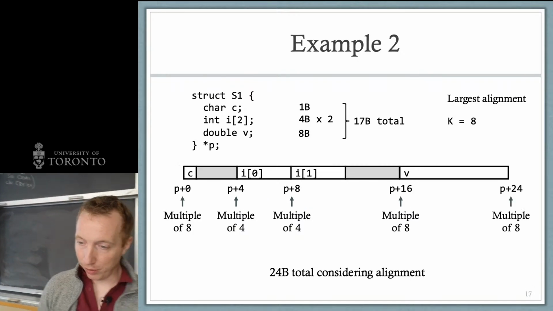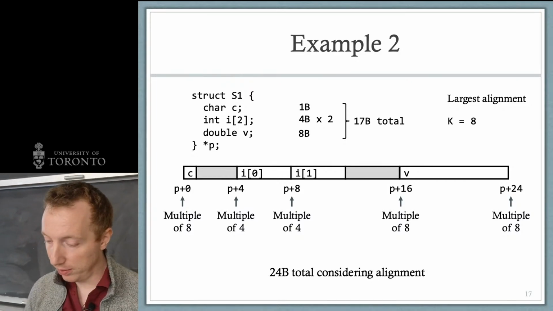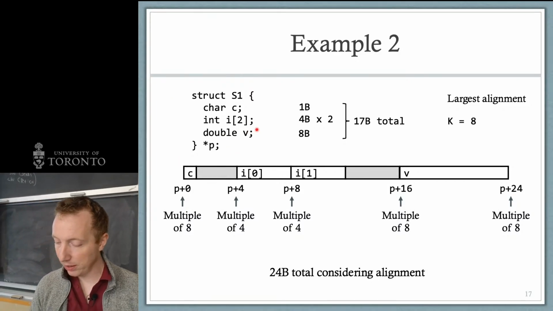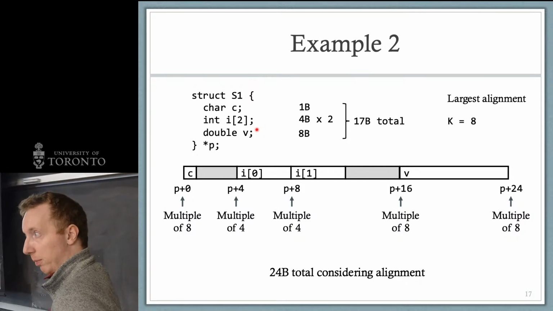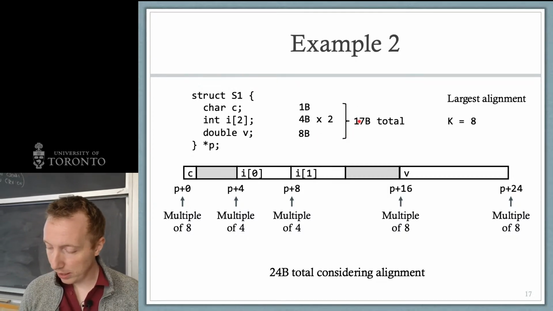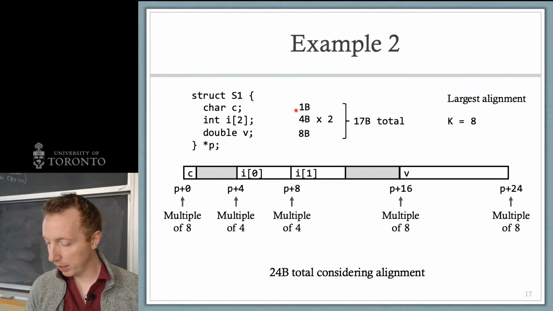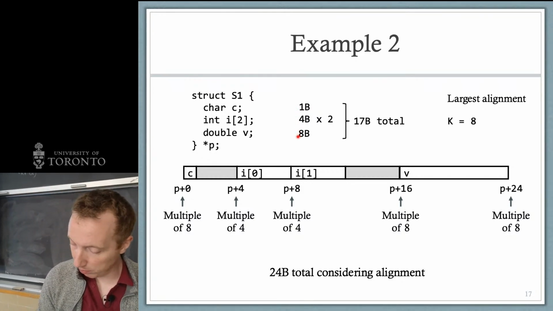All right. So if we had something like this, where we just stuck a double at the end of it, well, now the double is the largest element. It is 8 bytes. So in total, our structure still has that 1-byte char, the array of 2 ints, and the 1 double.